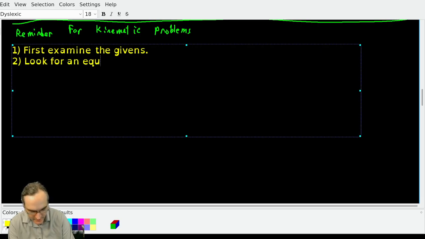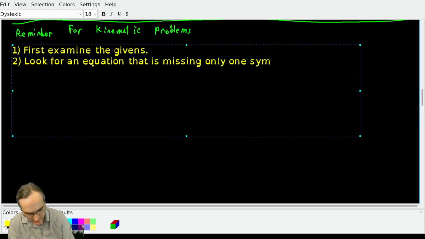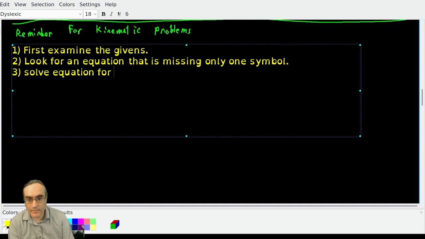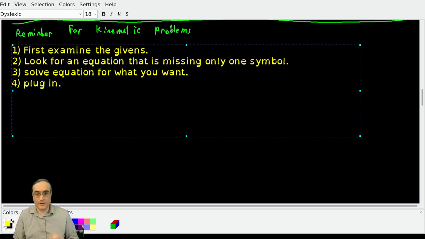Look for an equation that is missing only one symbol. There's only one thing that you don't have as a given. Solve the equation for what you want and plug in. And that should pretty much do it for these types of problems.